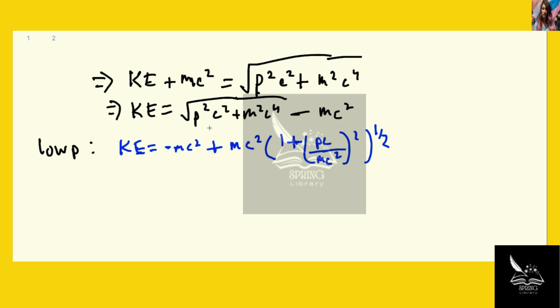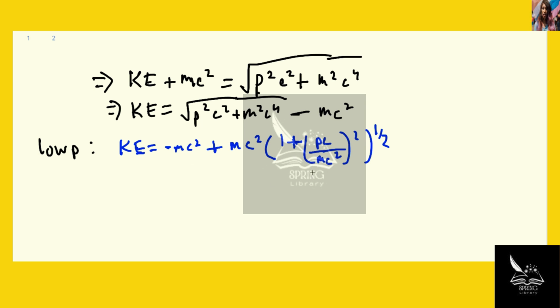This is because you can take mc² as the common factor inside the square root, and then you have to divide by mc² for both terms. So this term becomes 1, and the p²c² term gets divided by (mc²)² in this way. This is just an algebraic trick.